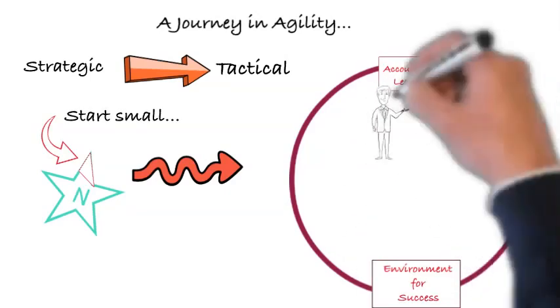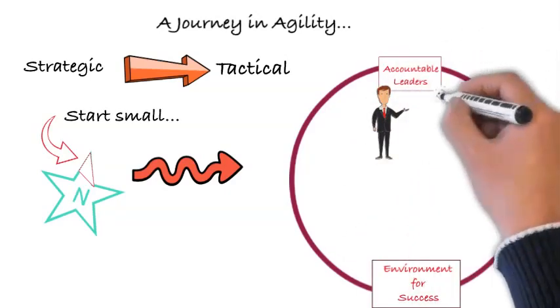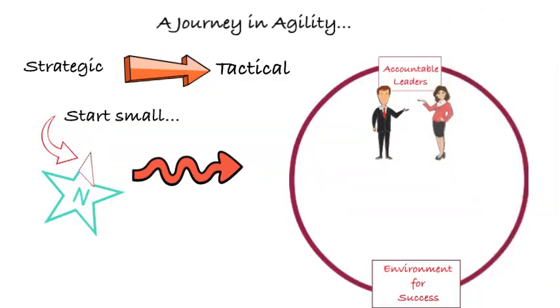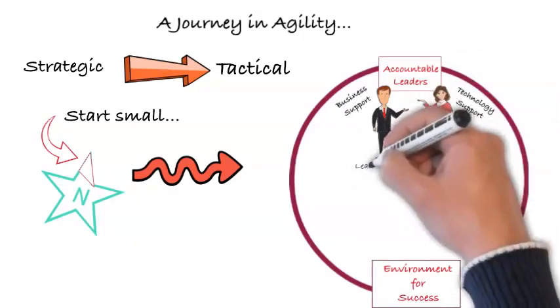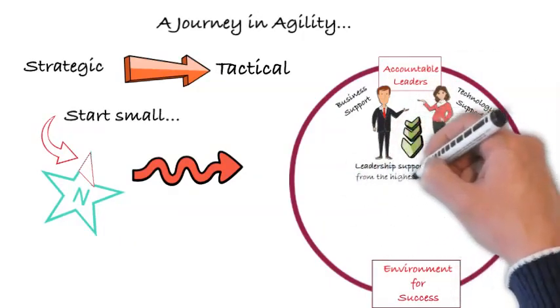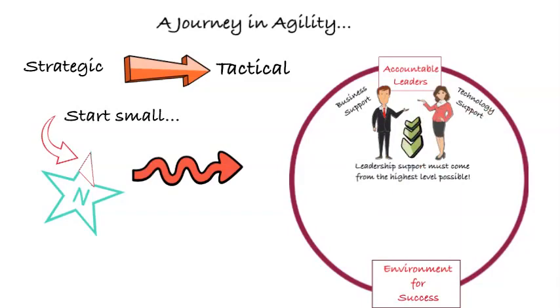Back in our strategic phase, we identified the people in the organization that were promoters for this agile transformation. Now's the time to gather those people, both from the business side and from the technology side, and have those leaders spearhead our effort and ensure that we have the people, the resources, and the support we need for success. As we gather the leaders for this effort, we must ensure we're getting support from the highest level of leadership possible.